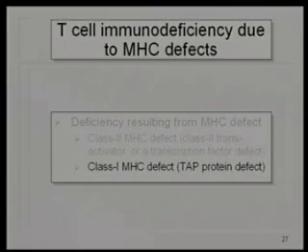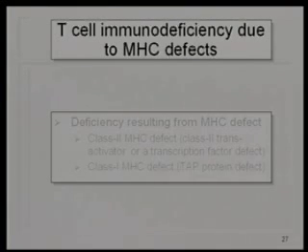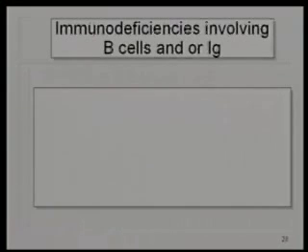If the peptides don't reach there, the class 1 MHC molecule will not fold properly, and it will not be expressed either. So those are some defects that have been described, in addition to the beta-2 microglobulin defect. And the consequence is the same, either CD4 or CD8 cells missing, depending on which MHC is defective.